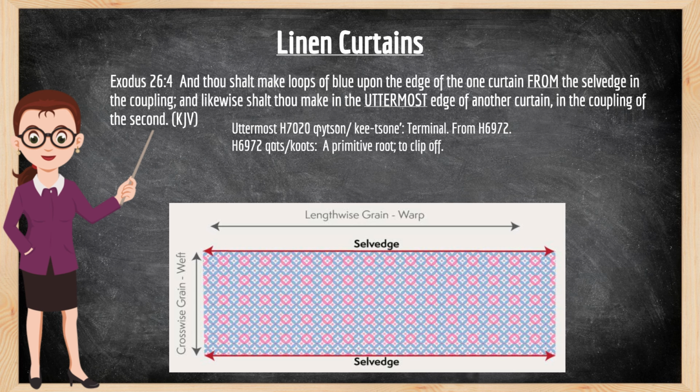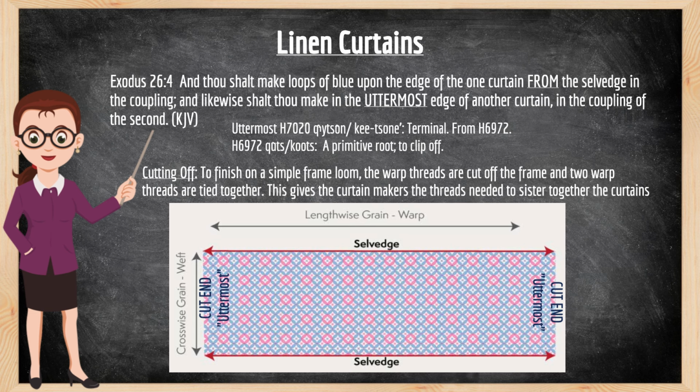Uttermost is the terminal edge, from the Hebrew 70-20. It also refers to the Hebrew 69-72, which means, as a primitive root, kutz, to cut off.